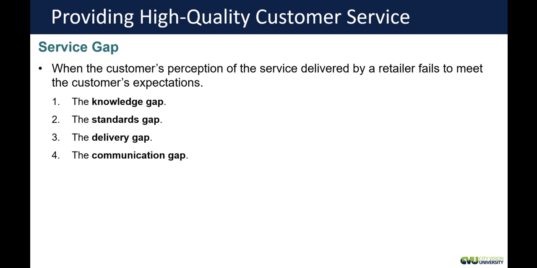So when we talk about this service gap, we are talking about what the customer's perception is of the service being delivered, right? And they're saying, okay, here's the perception. How is that different than what your expectation was? So the perception versus expectation, right? So it could be the knowledge gap, a standards gap, delivery gap, or communication gap.